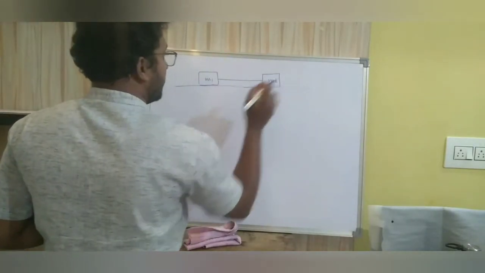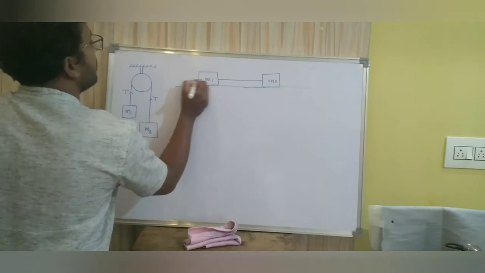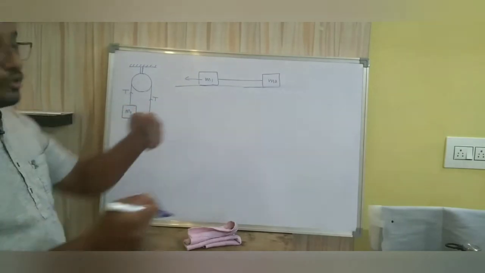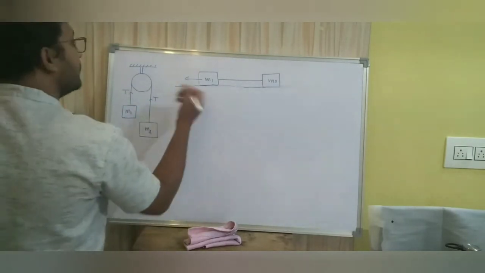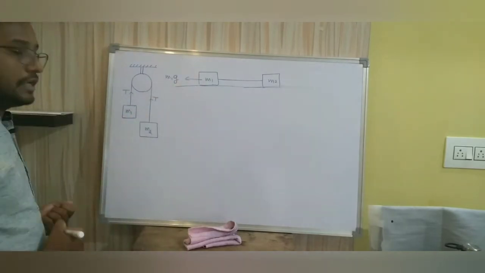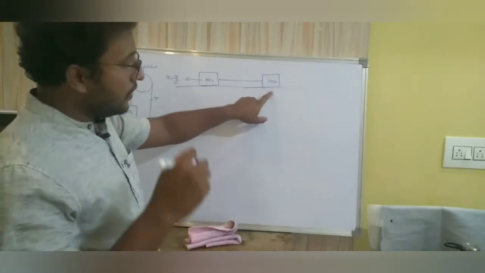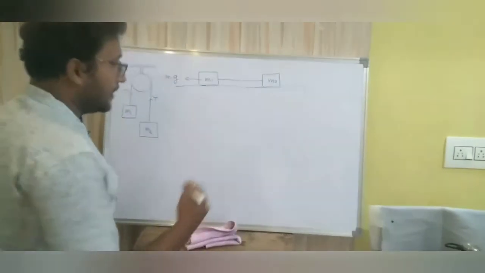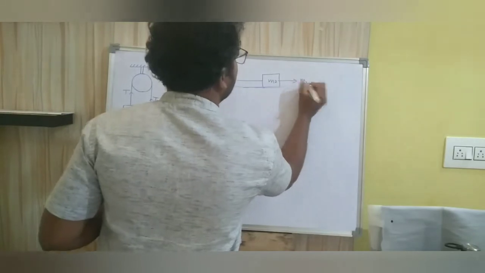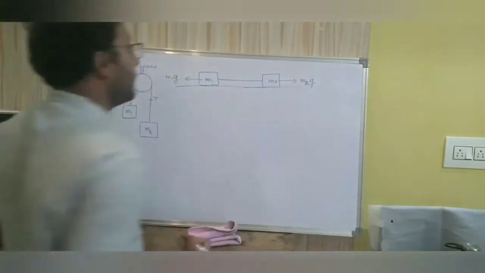Here, if I apply a force on m1 towards the left, assume the force is equal to its weight, m1 into g. Similarly, we can apply a force on m2 towards the right, and assume that force is also equal to its own weight, m2 into g.